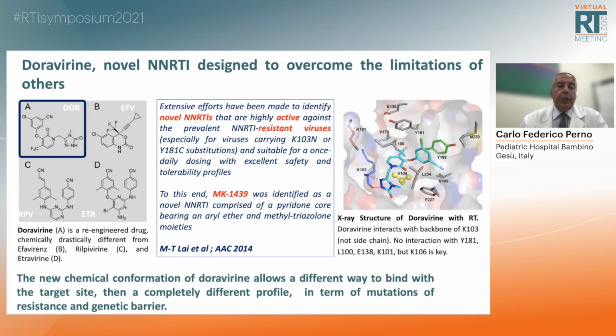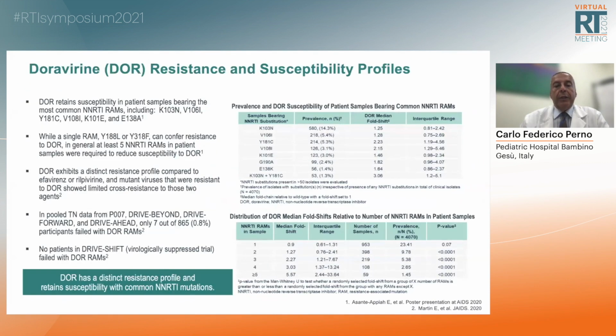In other words, NNRTI need to be used with caution and usually at the beginning of the story of our patients. The situation is not the same for doravirine, because doravirine is a drug with a different chemical structure that has the peculiarity of being effective also against resistant viruses carrying mutations that confer resistance to the first and the second generation NNRTI. In other words, it is a new drug with new activity.